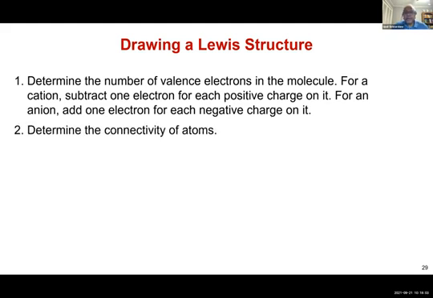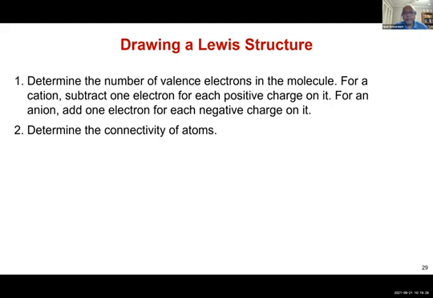Once you get the total number of valence electrons, you have to decide how to connect the atoms in the molecule. Normally, you can figure that out. I'm going to go through examples.